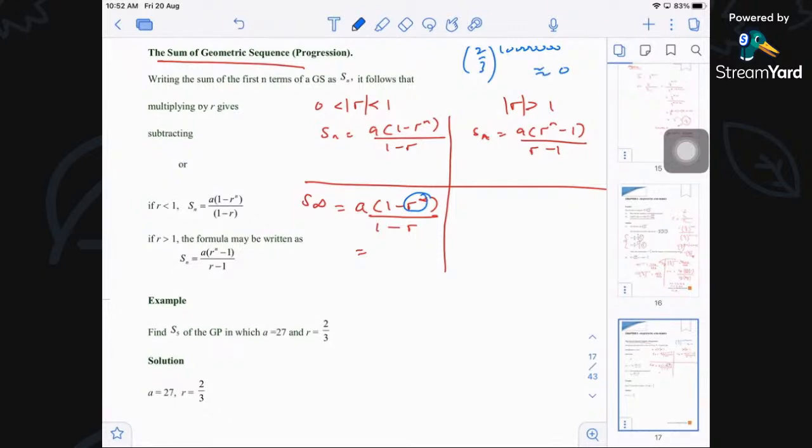So if this becomes 0, 1 minus 0 is 1. A times 1 is A, right or not? So you get A over 1 minus R. And here, S infinity over here, A times r power of infinity minus 1 over r minus 1. Now you press 3 power of 1000 or 10,000 or 20,000. This is still infinity. So the final answer here is just infinity.